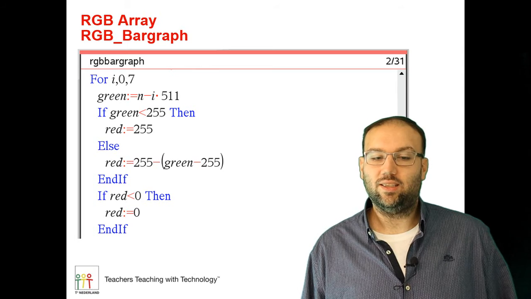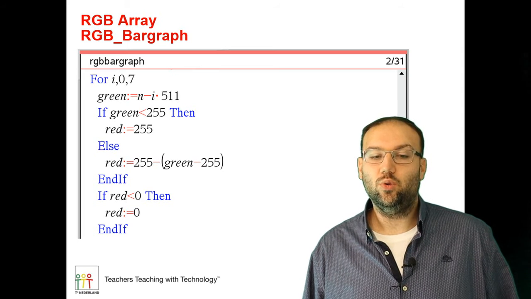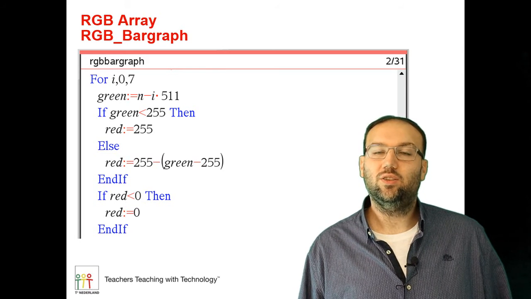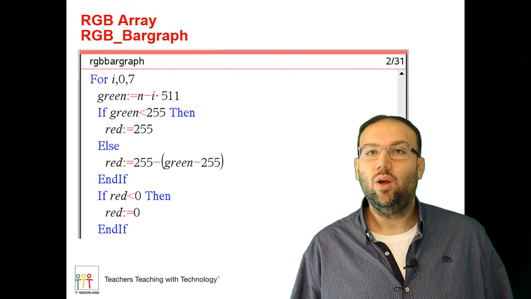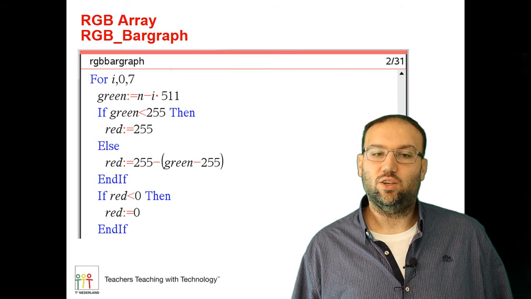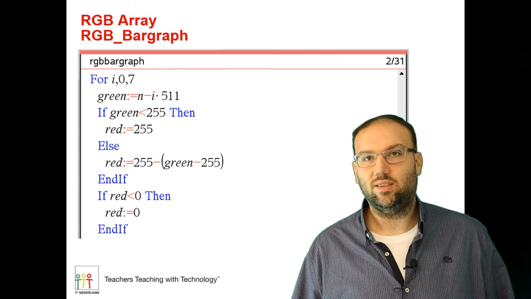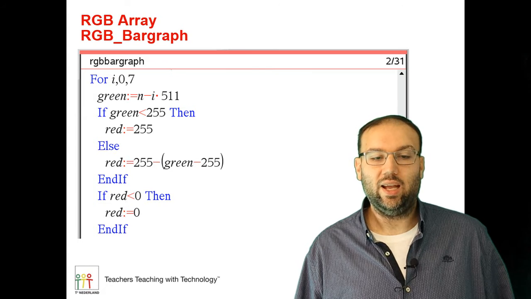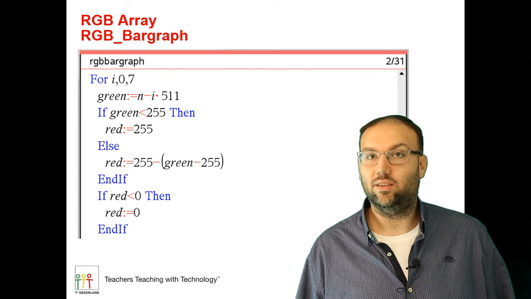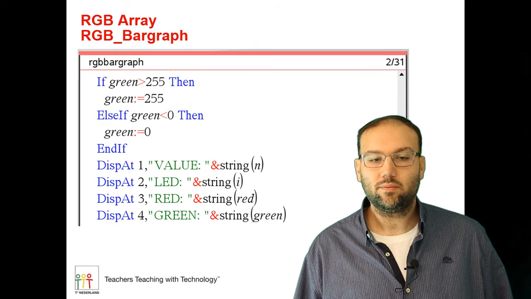If the value of red that is calculated is below 0, then red needs to be 0 because a value in the negative isn't possible with the RGB LED. You can't set a value in the negative way. And then that ends the if statement.